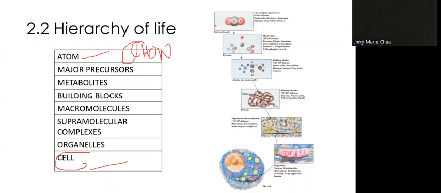Your carbon, we've already talked about the most important property of this atom. It has four valence electrons. That is very good for bonding. And if we go to the next level, it would be the major precursors.